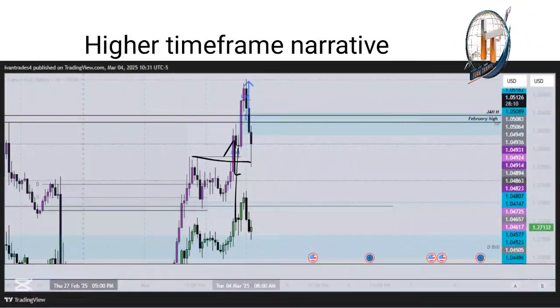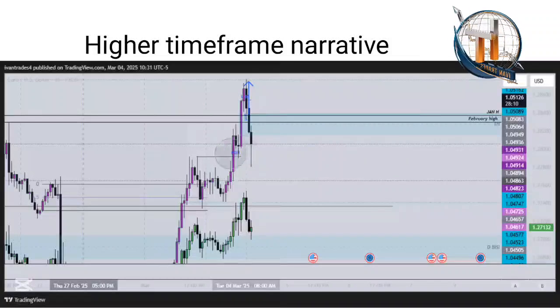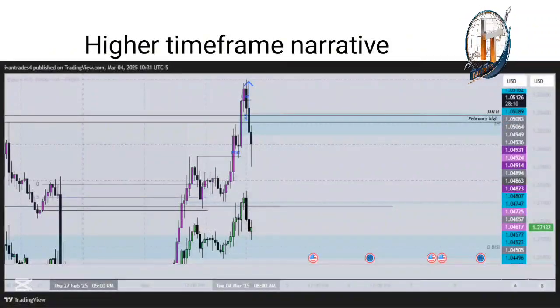The previous day's high, which is Monday, was instantly displaced through, and we've seen price retesting it for a little bit and continuing to the upside.